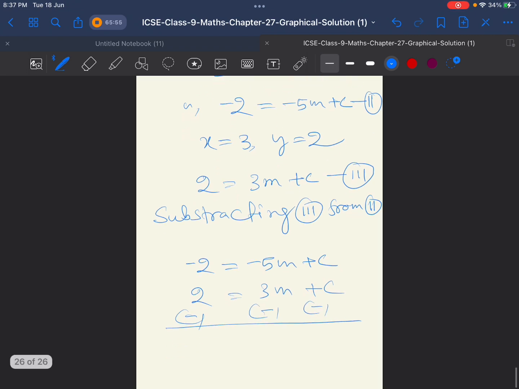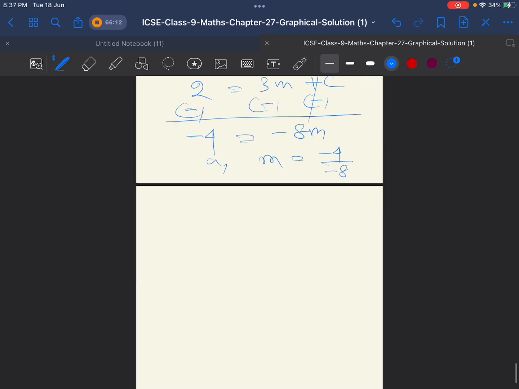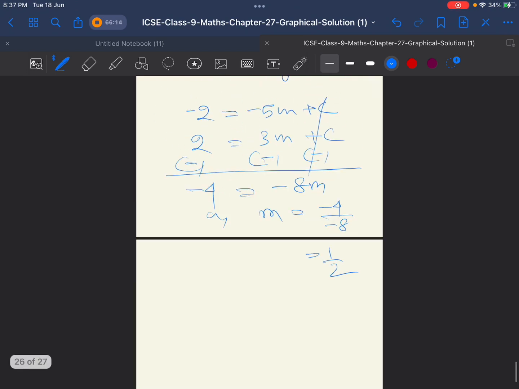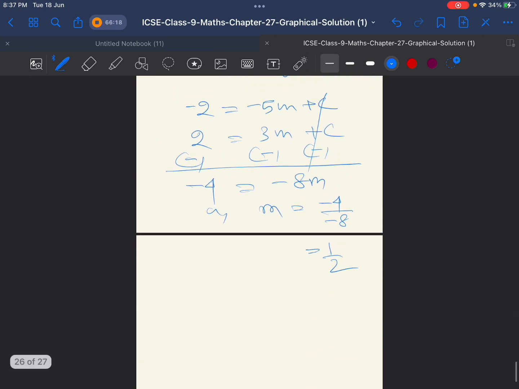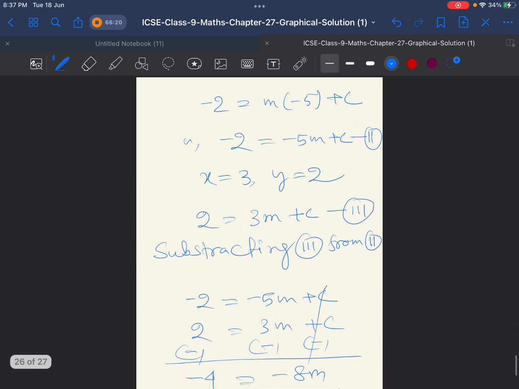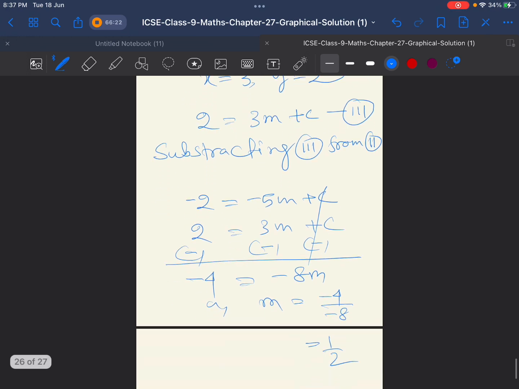So subtracting, c minus c cancels, and this is minus 4 equals minus 8m, or m equals minus 4 by minus 8, so this is 1 by 2.